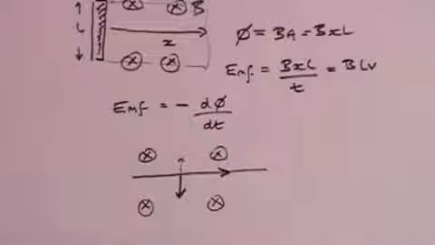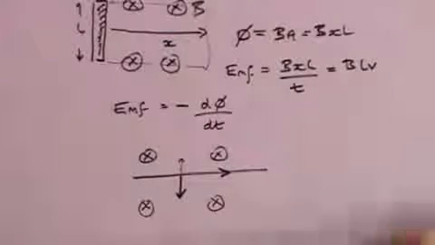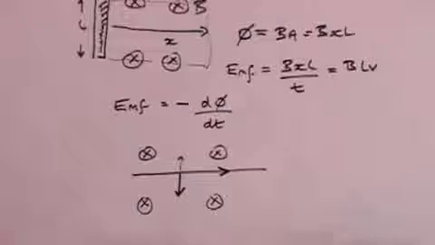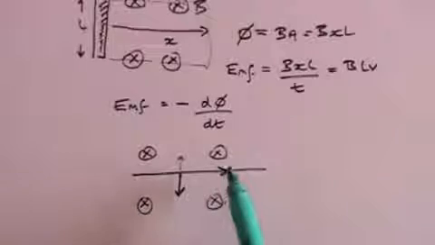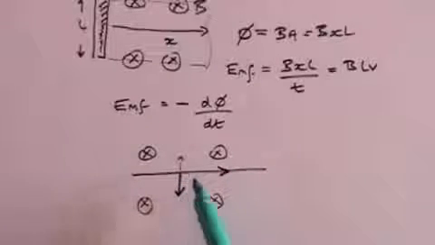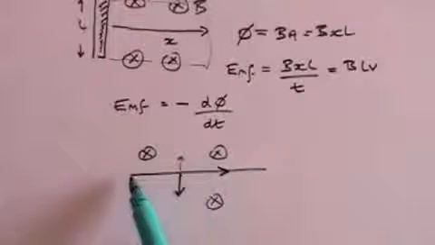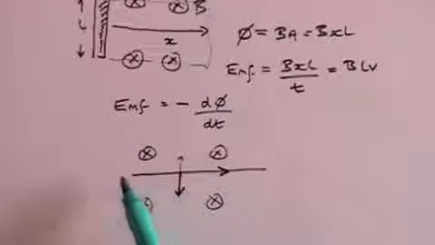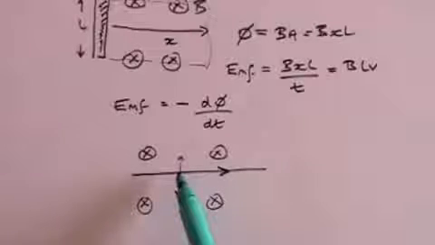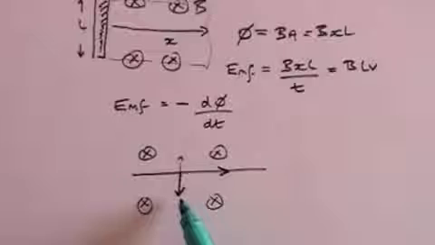Now, why does it work like that? The reason is because if it didn't, you'd have a kind of perpetual motion. Let's suppose it didn't work like that. Let's suppose that the current reinforced the force as opposed to opposing it. Then you would take the wire and you would jerk it downwards. A current would flow and the current would then cause the wire to move down even more.